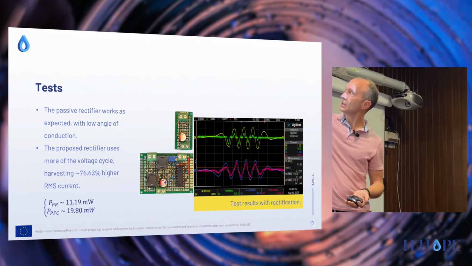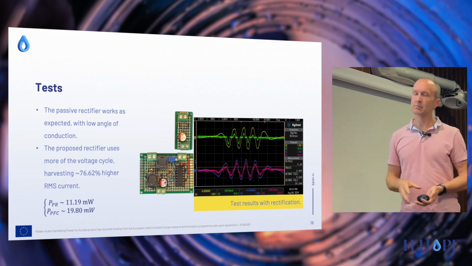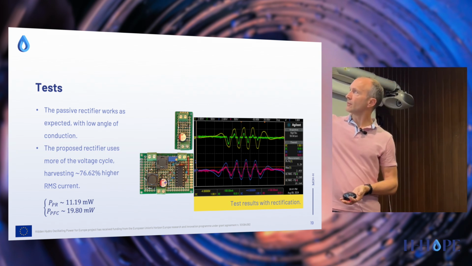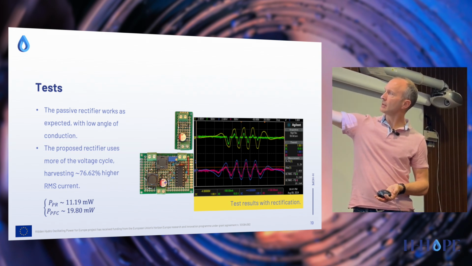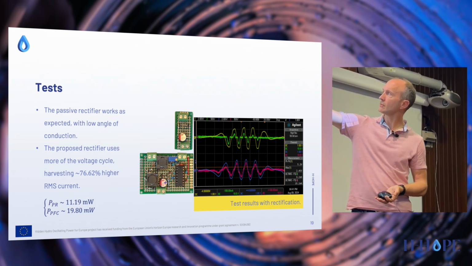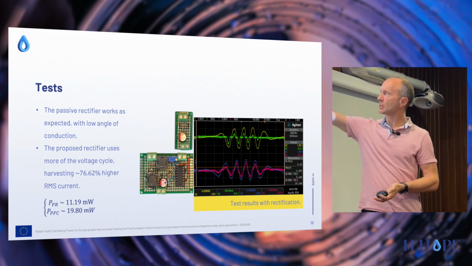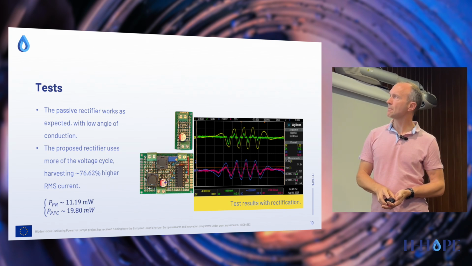Here you see the yellow, that's the voltage induced in the coils for this passive rectifier, and here in blue you see the voltage again from the same generator, roughly the same amplitude and almost the same frequency.